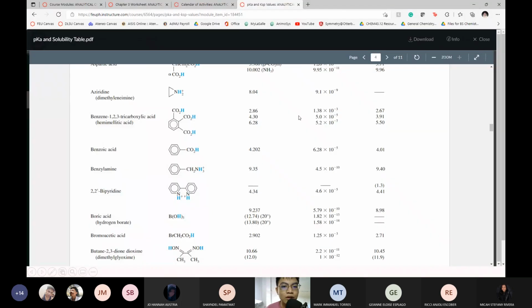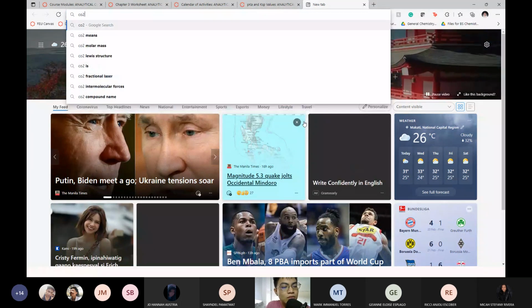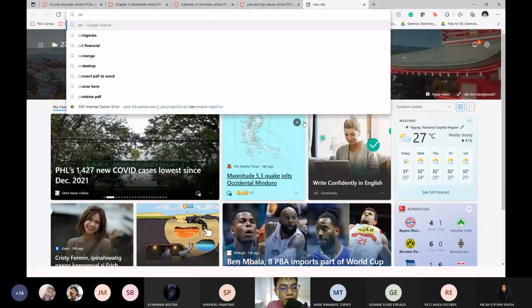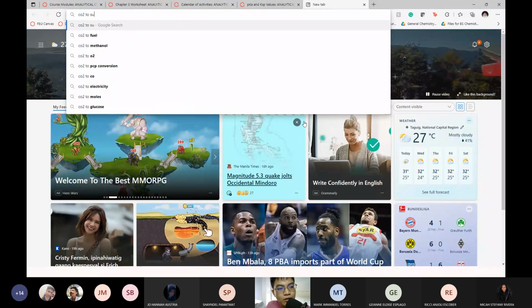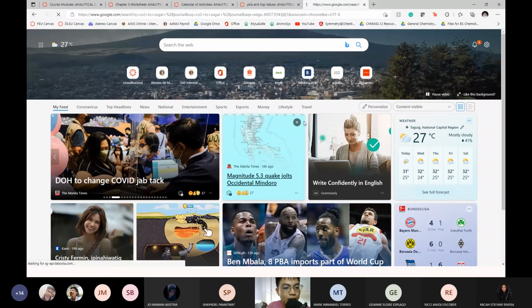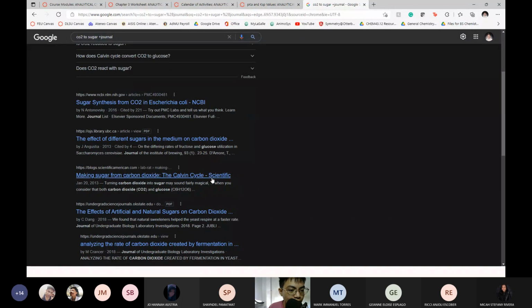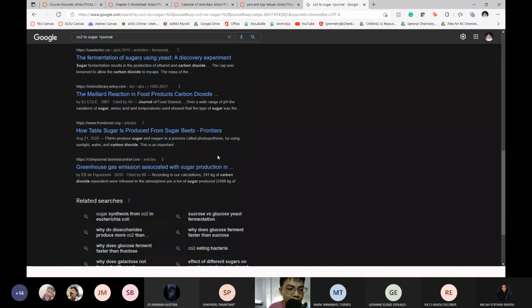Kaso nakalimutan ko kung ano yung title ng paper. Basta CO2, CO, sugar. Anyway, hindi yung Calvin cycle.